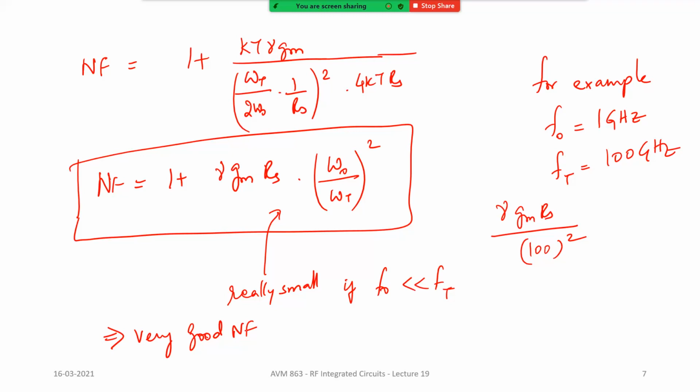You basically end up using this topology in order to get the best noise figure. Now, of course, this equation is valid under two conditions. One is it is at resonance, and input is matched.